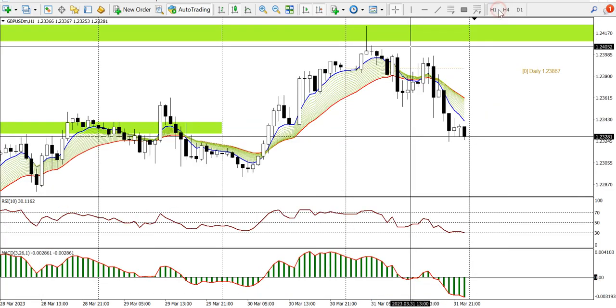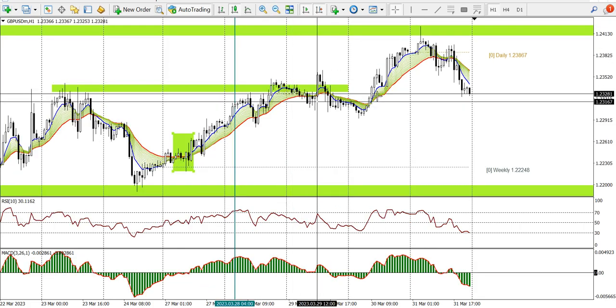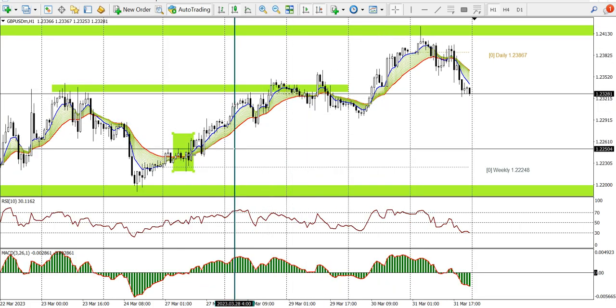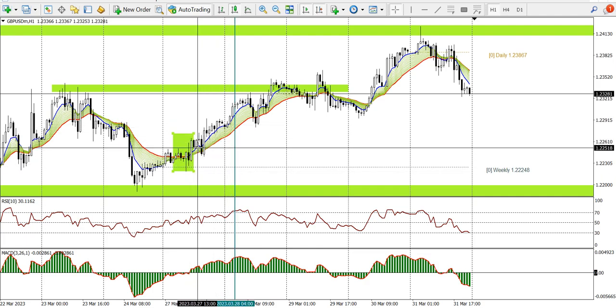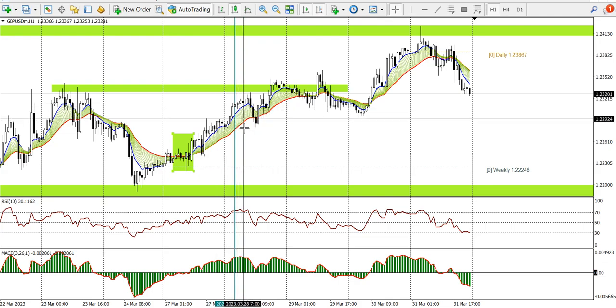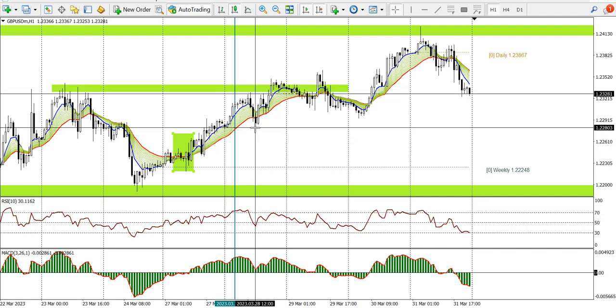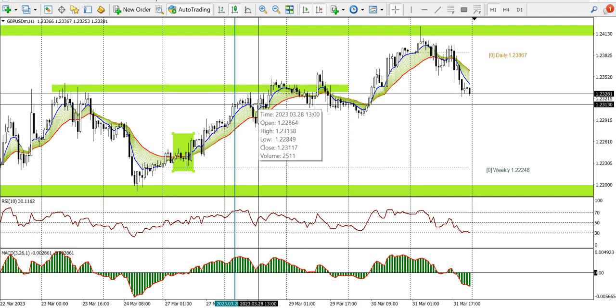Now I will go to the 1 hour chart, and last 1 2 3 4 5, this was our Monday. Our bias was bullish, this was our bullish day, and this is a setup we could have opened, since it rejected this area and recovered.